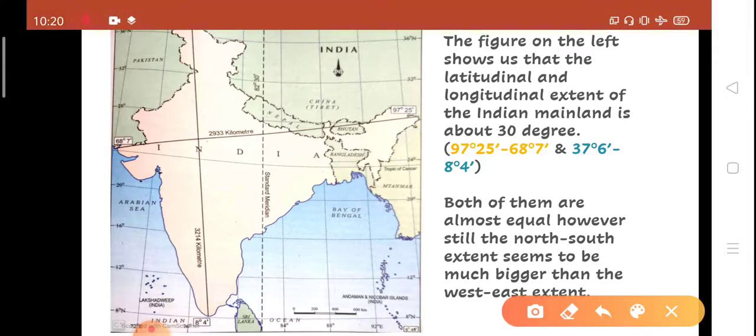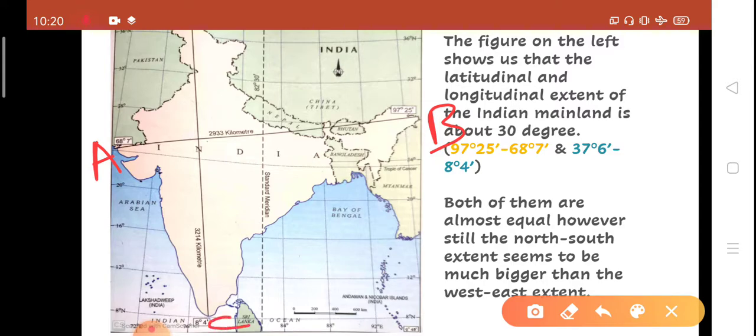The latitudinal extent is from A to B. That means this line from A to B shows us the latitudinal extent of India, and it can be calculated by subtracting 68 degrees 7 minutes from 97 degrees 25 minutes, which will be approximately equal to 30 degrees. We will then calculate the longitudinal extent.